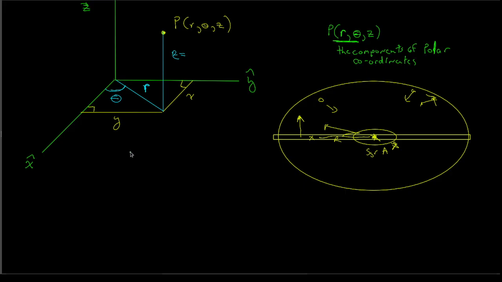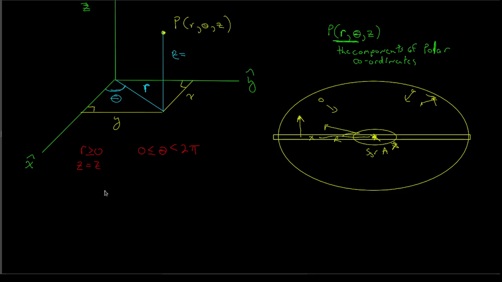And so things to know is r will be greater than or equal to 0. We only talk about positive axes to find point P. And theta is between 0 and 2 pi. Z is the same as the Cartesian component.